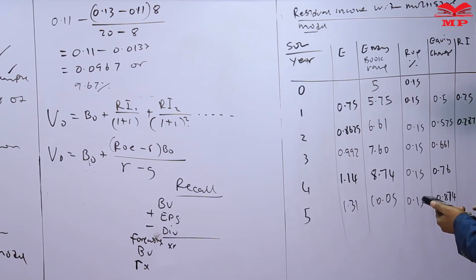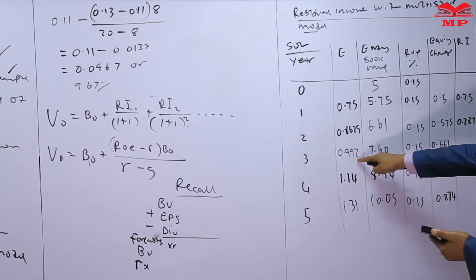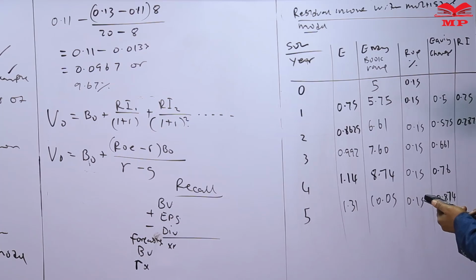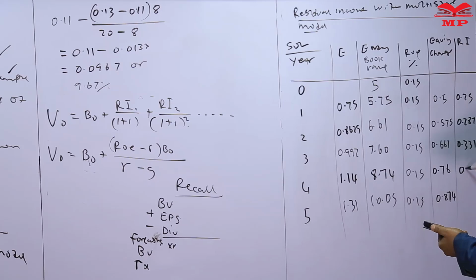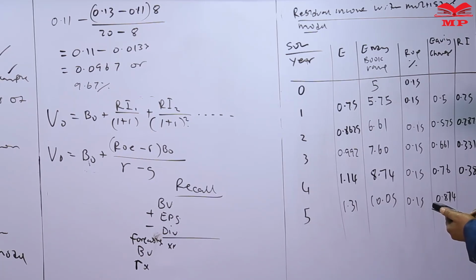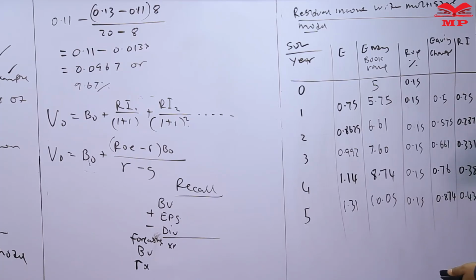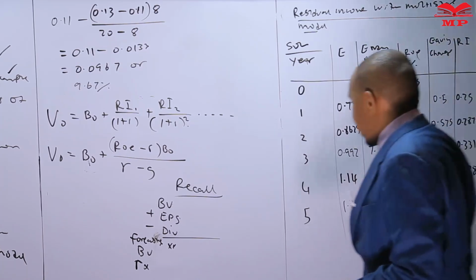Then we have 0.992 minus 0.661, 0.331. Then we have 1.14 minus 0.76, 0.38. Finally, we have 1.31 minus 0.874, 0.436. Now these are the respective residual incomes.